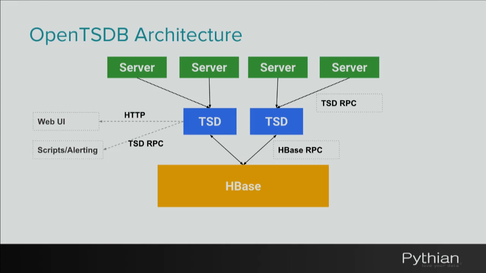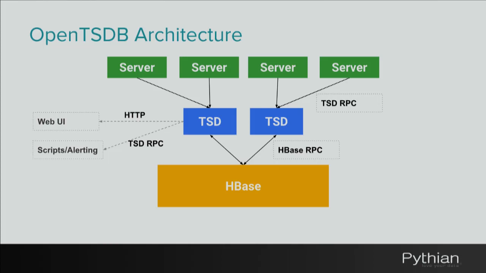Those TSD instances do the translation of the operations that you do with time series, like insert a metric, insert a new measurement, get an aggregation, get a value for a given point. And at the storage layer, OpenTSDB relies on HBase, which is a scalable NoSQL storage built on Hadoop.